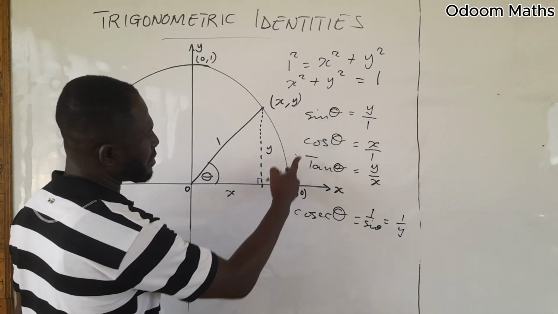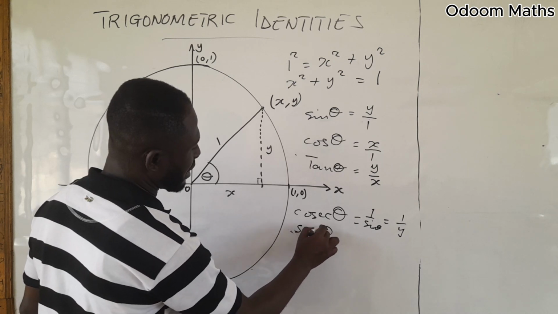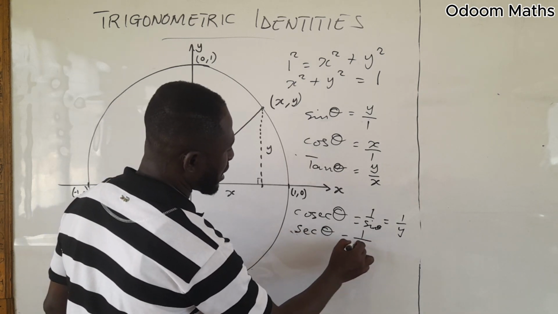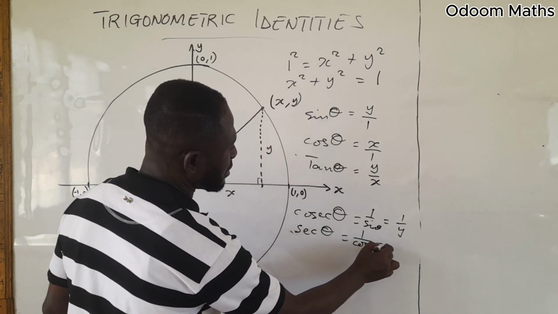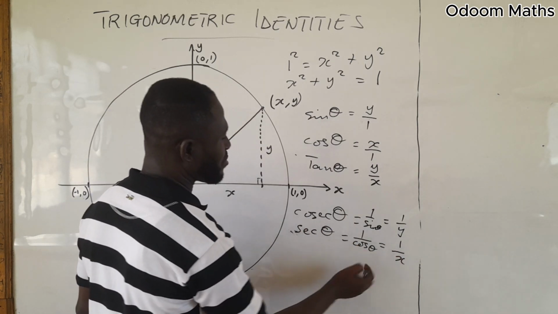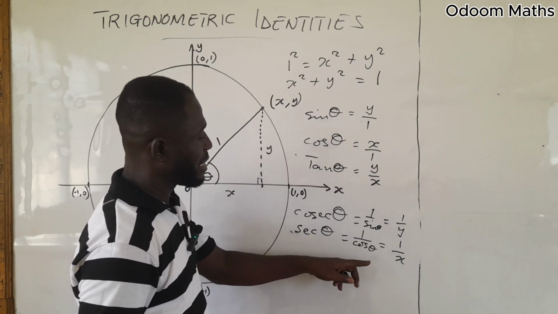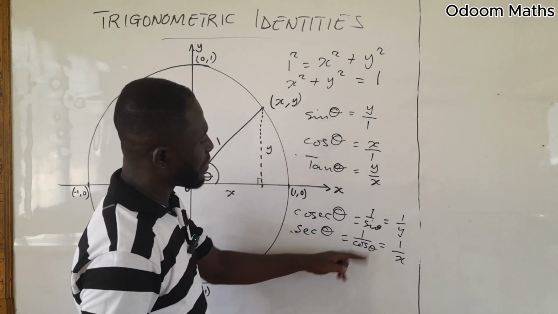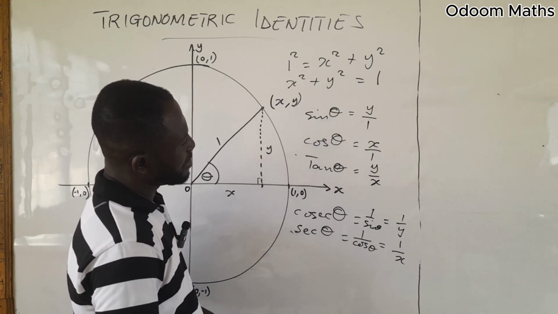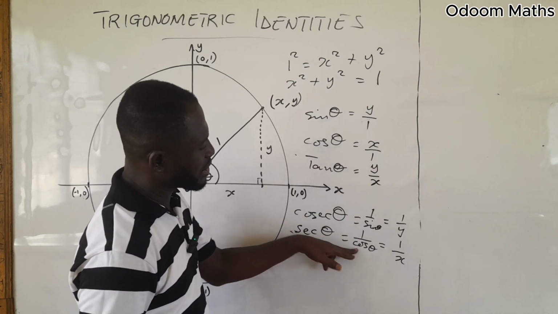And then for cos, which is sec theta, that is 1 over cos theta, and that is also going to be 1 over x, because cos theta is x over 1.